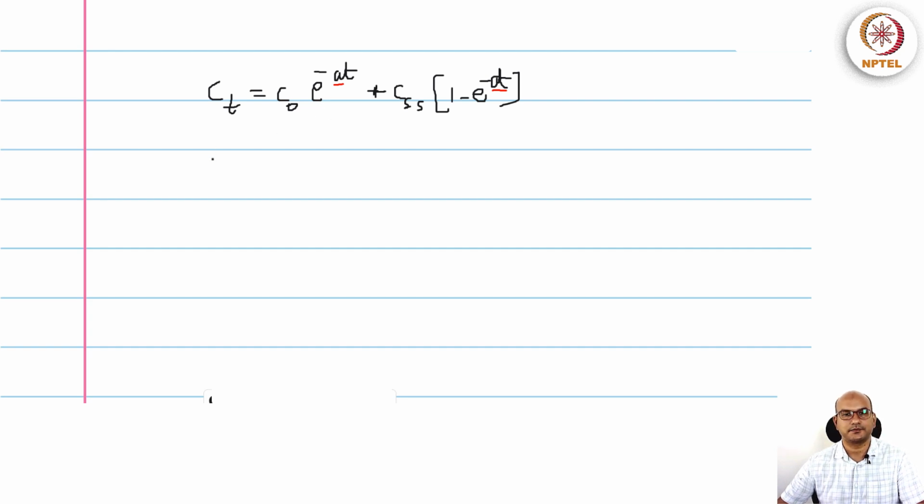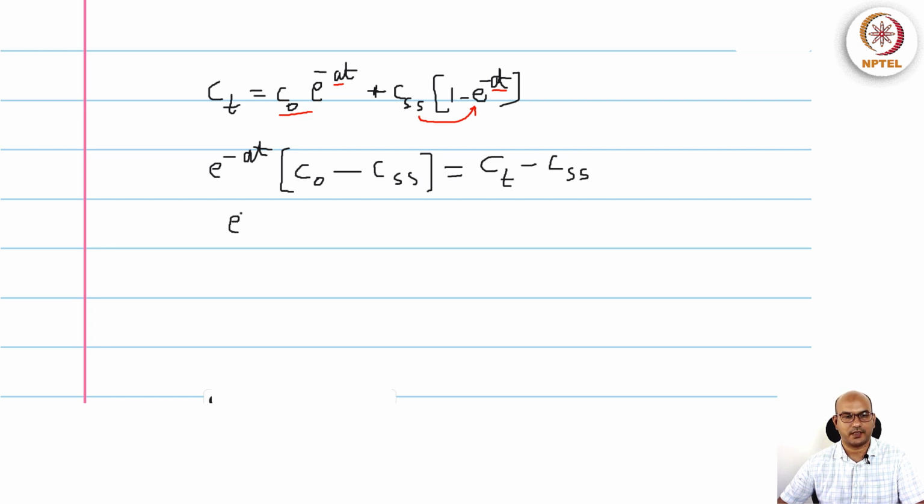We will have e to the power minus At times (C0 minus Css) equal to Ct minus Css.